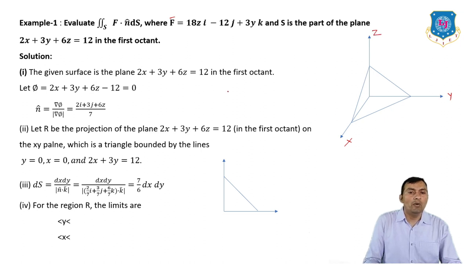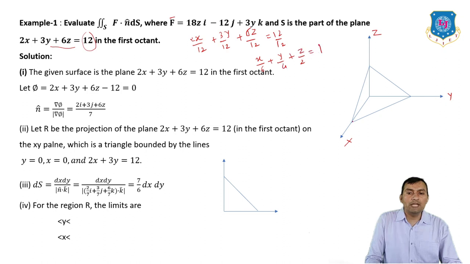Whenever you are supposed to draw this figure, just divide by 12 on both sides. So we will have 2x divided by 12 plus 3y divided by 12 plus 6z divided by 12 equal to 12 divided by 12. So x divided by 6 plus y divided by 4 plus z divided by 2 equal to 1.